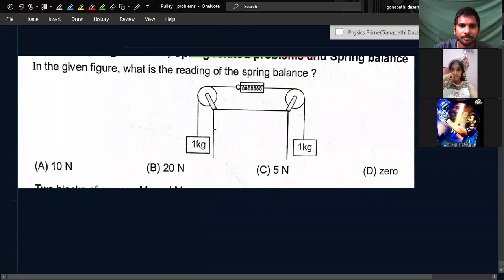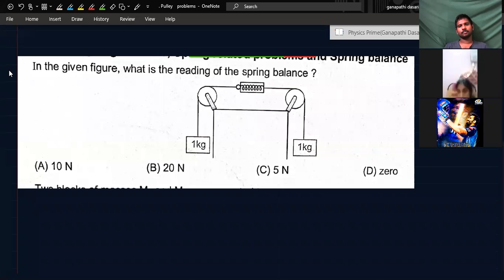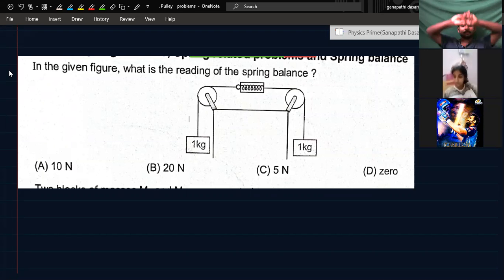This question? Is there anyone? What is the answer here? Tell me. The tension will be equal to spring force.